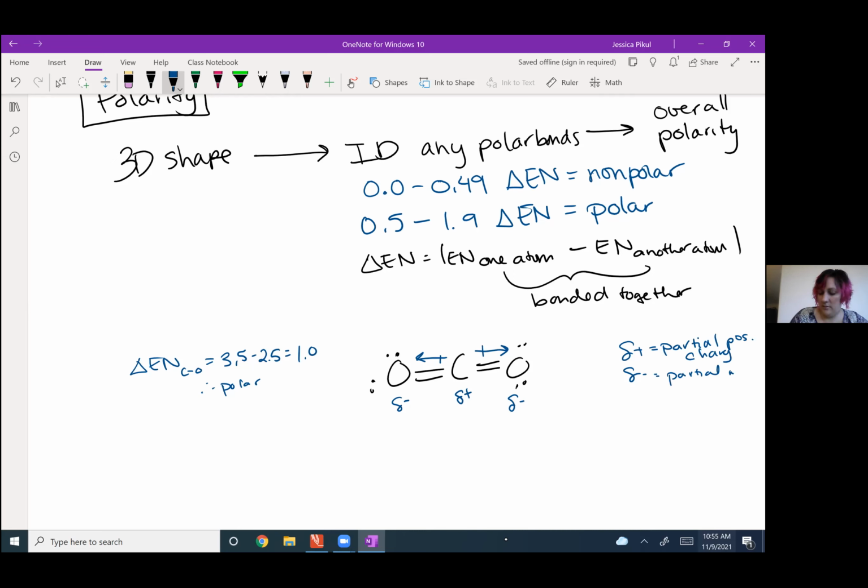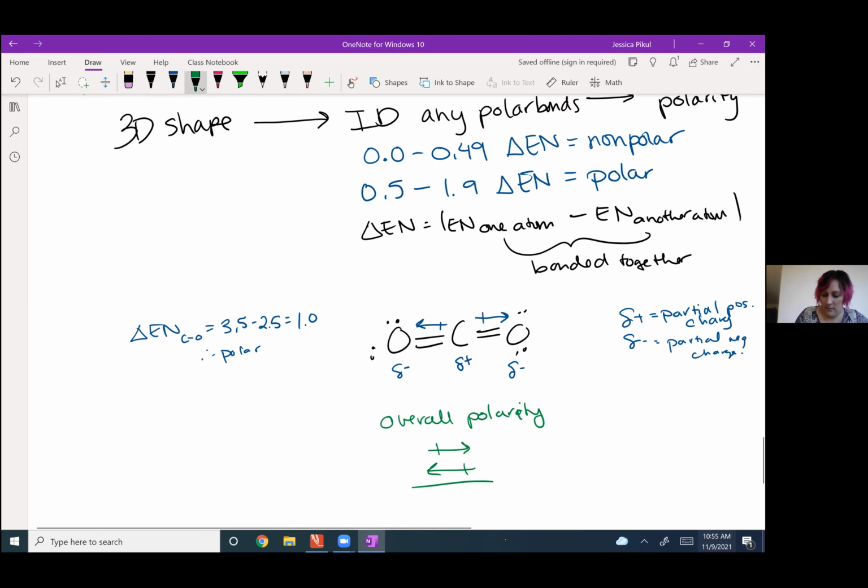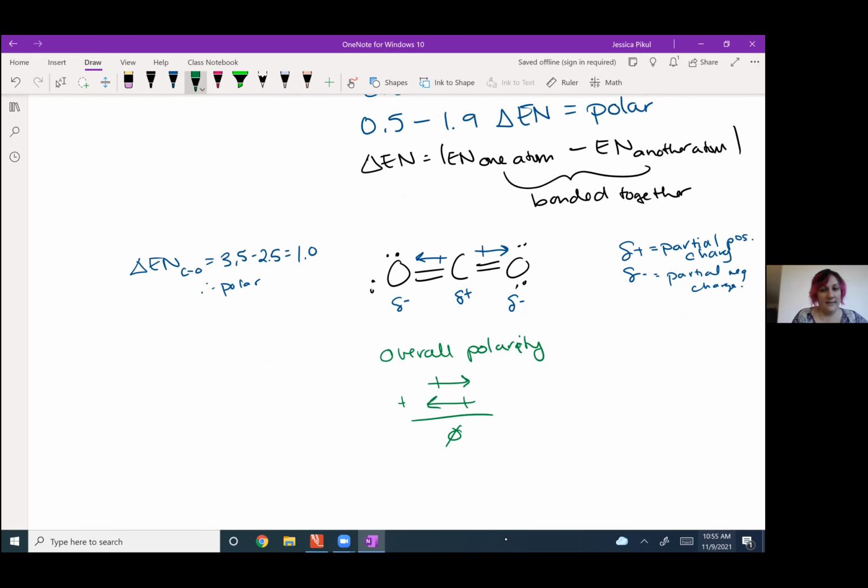You can use either one with me. Some people, like instructors, have a preference. I really don't care. To determine the overall polarity, this has two polar bonds, so I'm going to see if my two dipole moments actually cancel out. In this case, they do. I essentially take the sum of the vector math here, and they cancel out. They're pulling in exactly opposite directions.